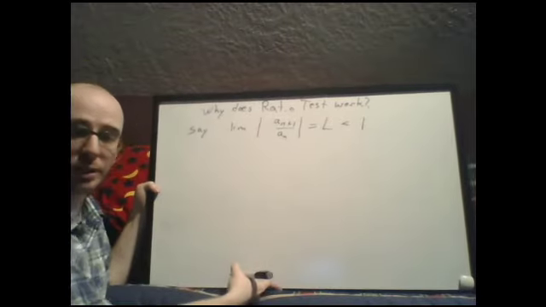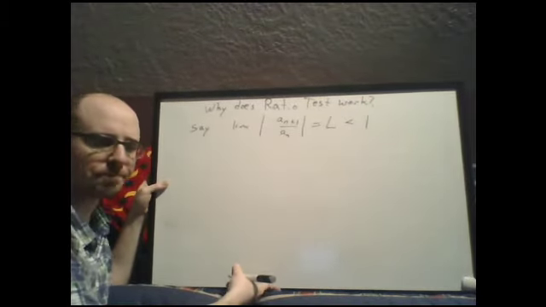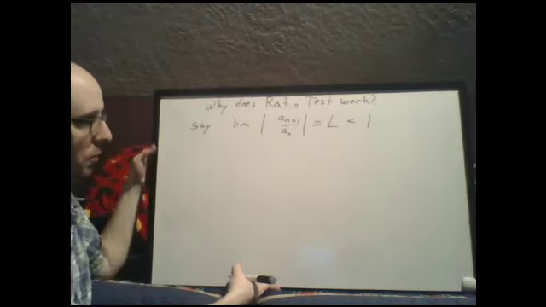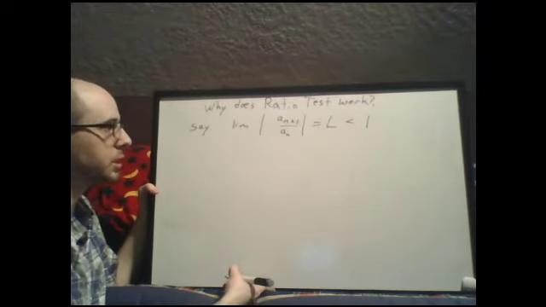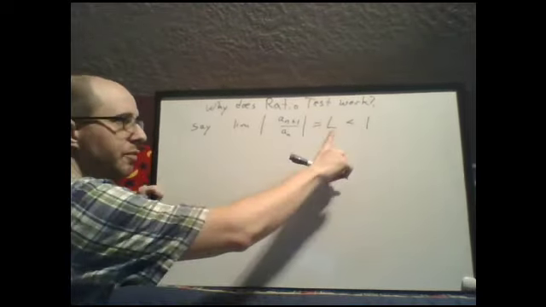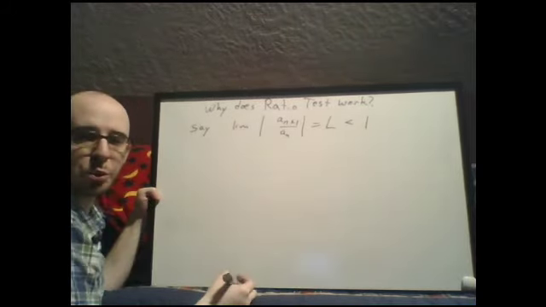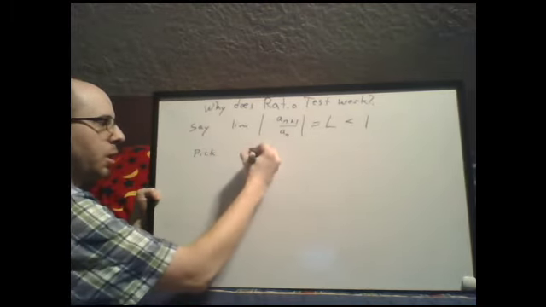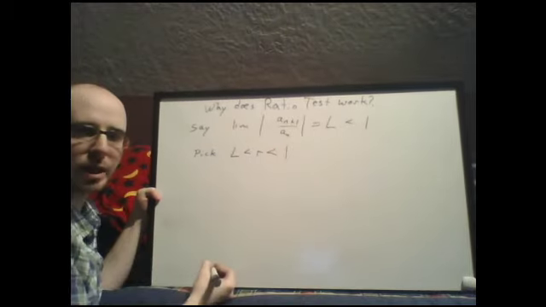So we'll do the convergent case. This is kind of similar to our limit comparison test proof from a few sections ago. If L is strictly less than 1, I can find a number between L and 1. So I want to pick a number R which is bigger than L and less than 1.